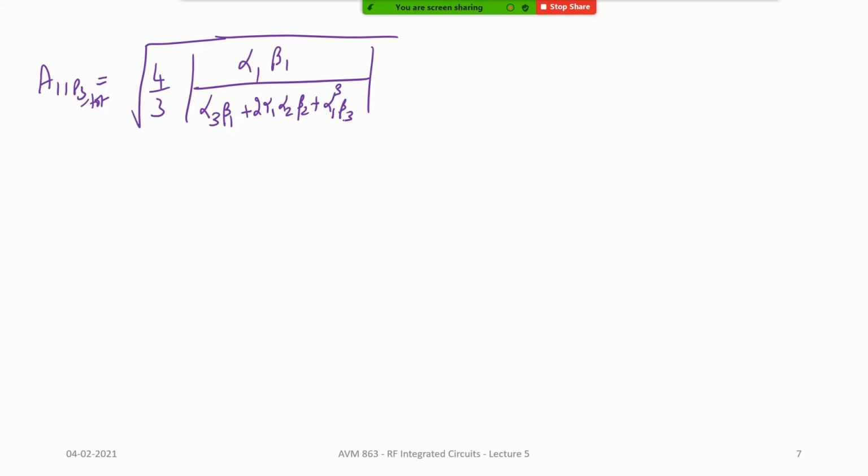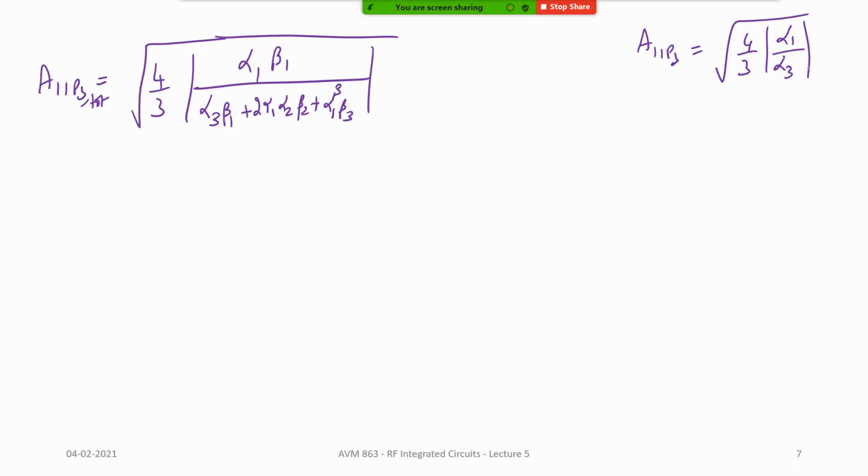The way I have got this equation is I used the same equation for a single stage, which is root of 4 by 3 alpha 1 by alpha 3. So here I use the coefficient for the fundamental term and the coefficient for the IM term. That's all. Now we are interested in, if you have two cascaded stages, what is the overall IIP3?